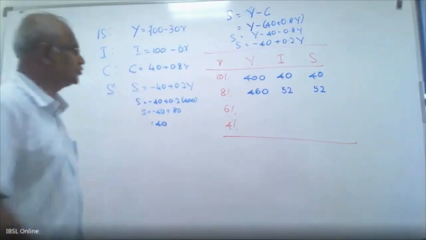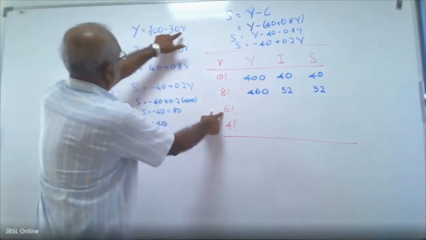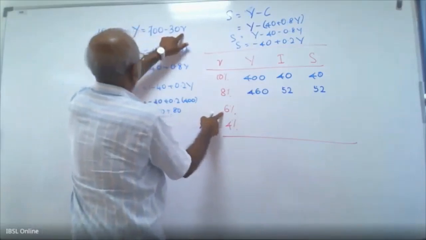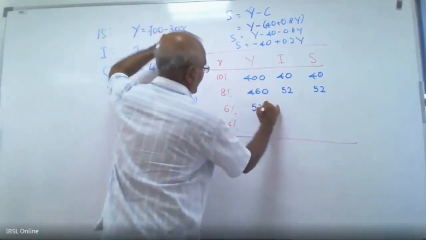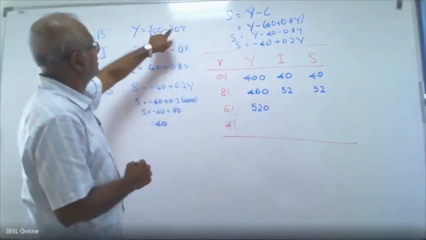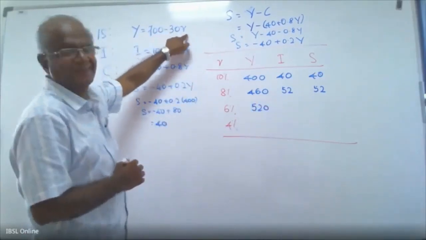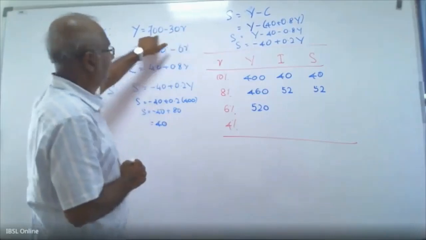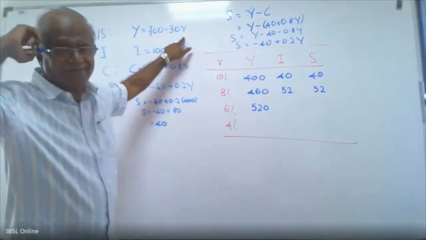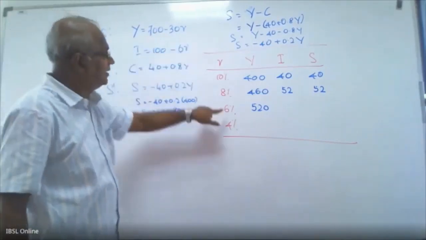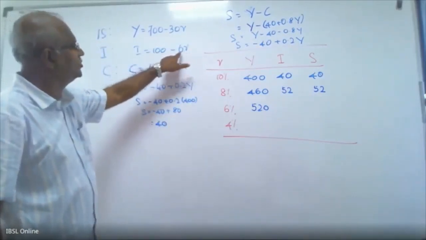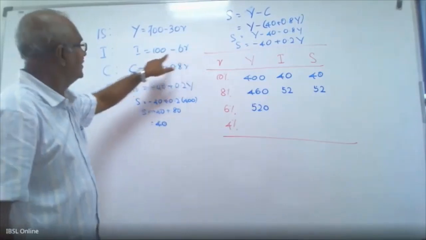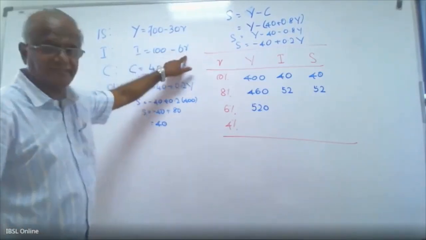Then R 6%. Similarly, go to the IS curve, calculate the Y, that is 520. Substitute 6 here: 330 into 6, 180. 700 minus 180 is 520. For I, substitute R here: 6 into 6 is 36, 100 minus 36 is 64.